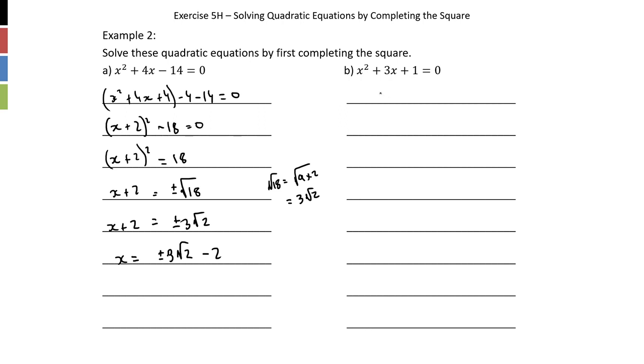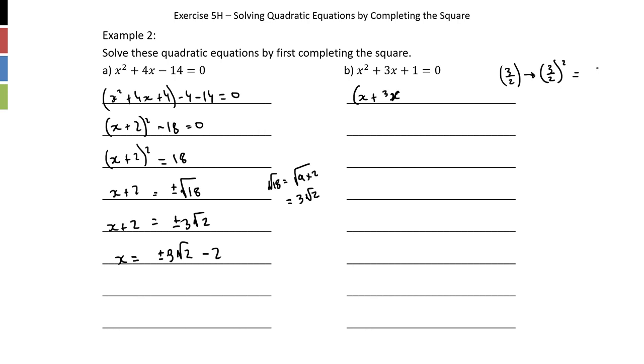Okay, let's try B. So we get x squared plus 3x. Now half 3 will be 3 on 2, and then square it, so we get 3 on 2 squared.